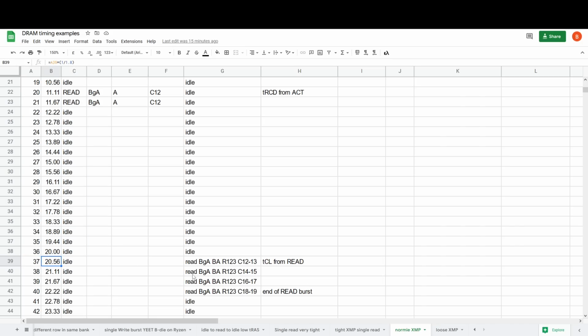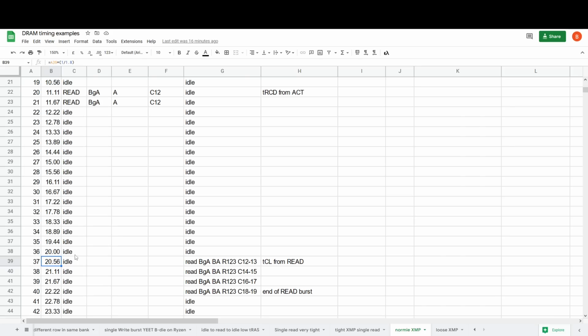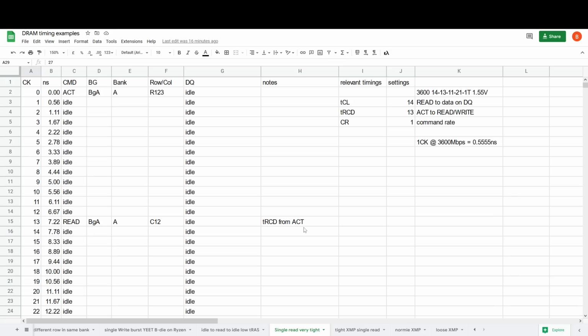So 20.5 nanoseconds before the memory chip starts outputting data, which is basically 5 nanoseconds longer than our very tight timings.